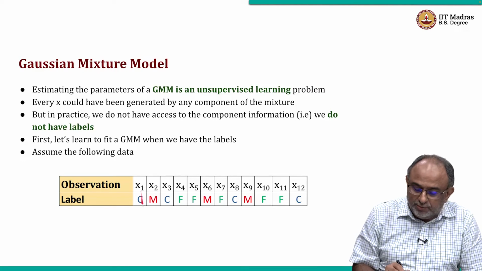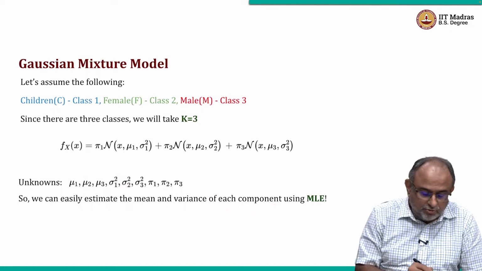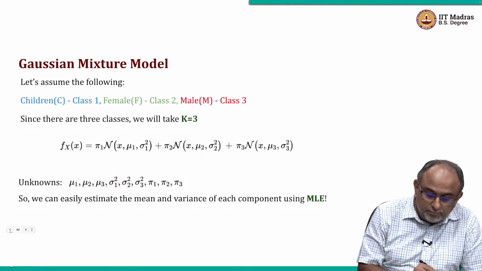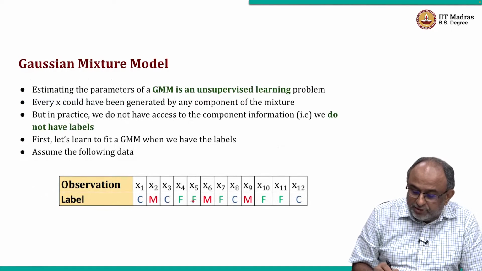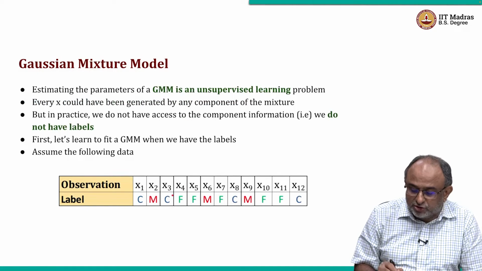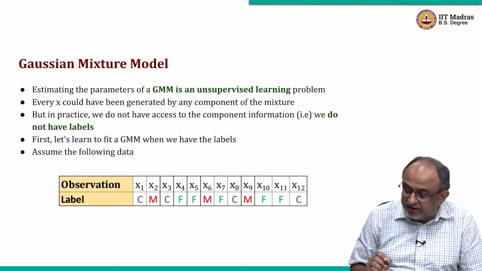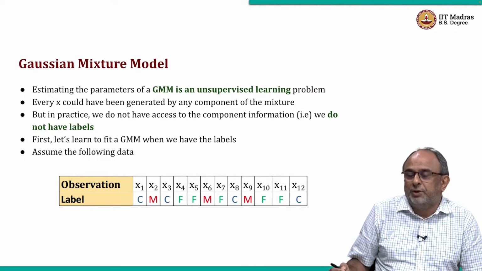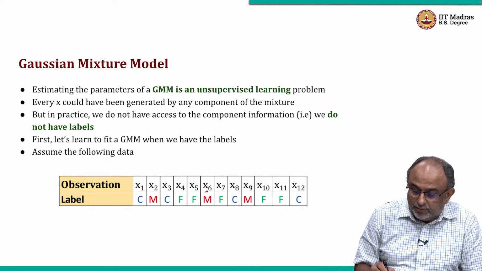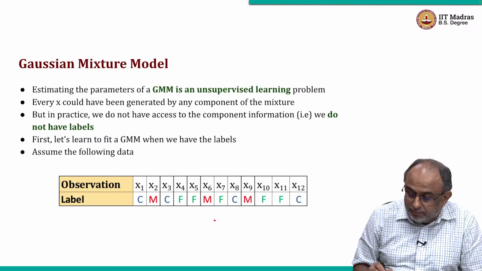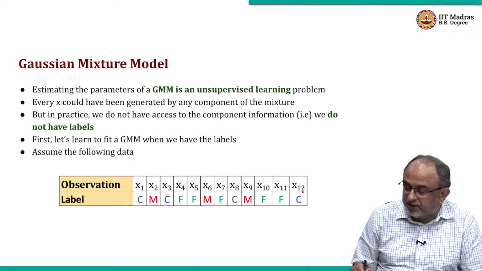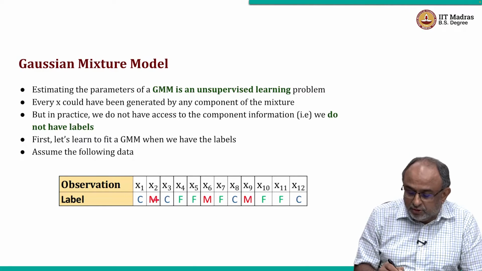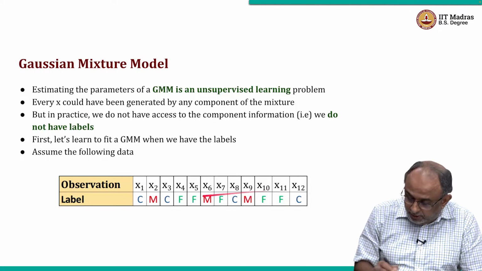I'll take all the measurements that belong to children. So x1 belongs to child, x3 belongs to child, x8 belongs to child, x12. So the mean is very simple: x1 plus x3 plus x8 plus x12 divided by 4, right?